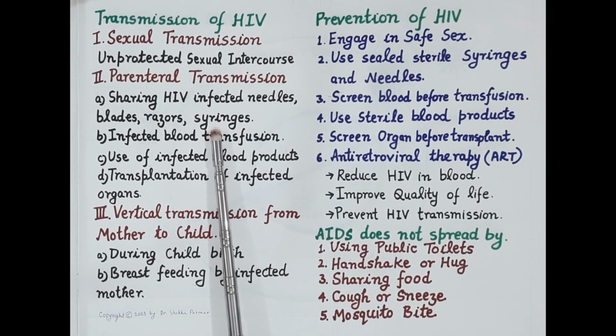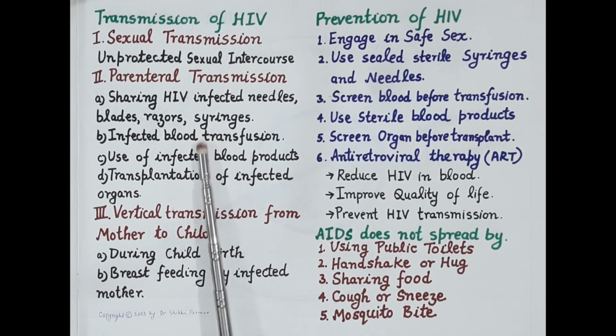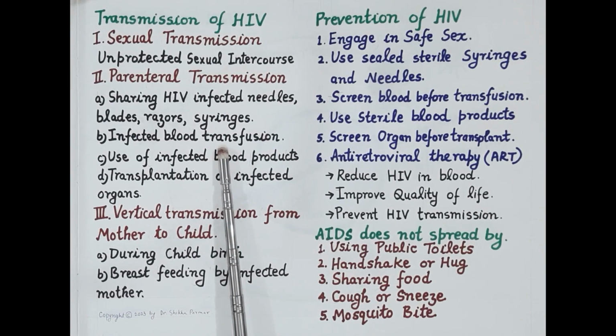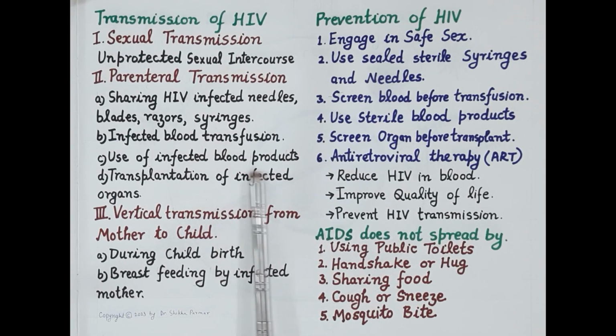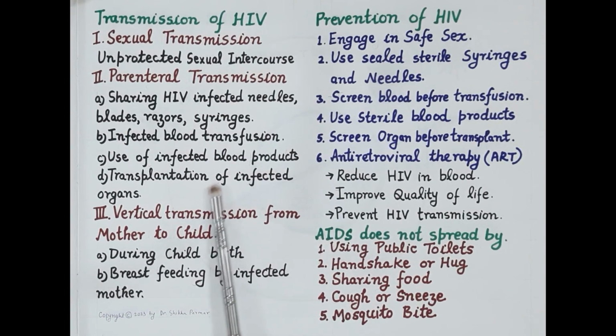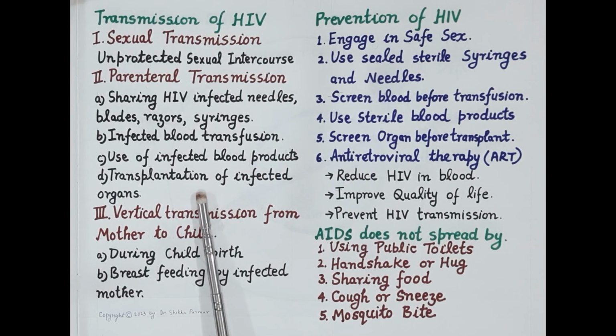These all can transmit HIV. Then HIV infected blood transfusion is another very important cause. Then use of HIV infected blood products, and transplantation of HIV infected organs, like for example liver, kidney, also transmits HIV from an infected person to a healthy person.